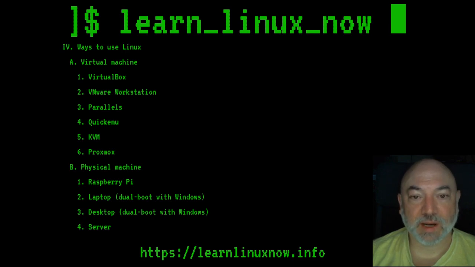A Raspberry Pi is a great way of learning Linux, and there are even dedicated Raspberry Pis out there. I think it's called the Pi 400, which has a keyboard built in, if I remember correctly. But definitely install on a physical machine. That's a great way of learning Linux.